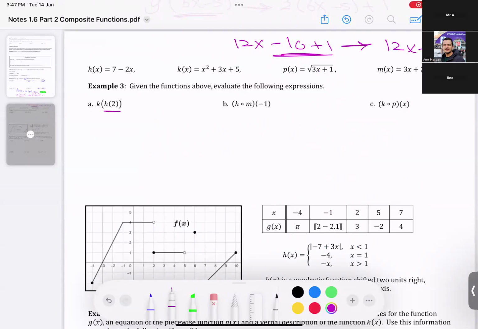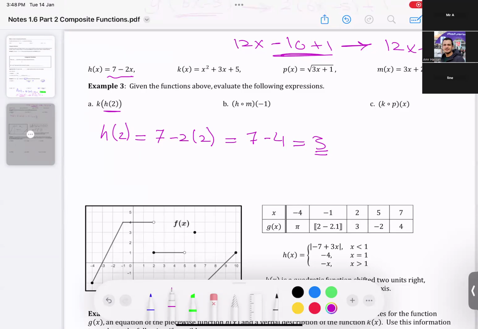I need to find out what is h of 2. So this one, I need to find out what is h of 2 firstly. Now, let me write down 7 minus 2 times 2. So this one's going to be 7 minus 4. So this one's going to be 3, right? Yeah.